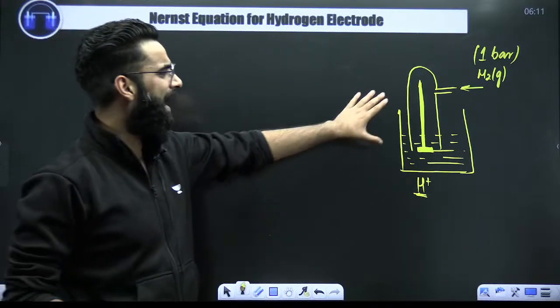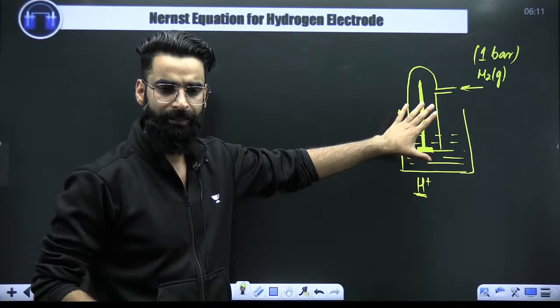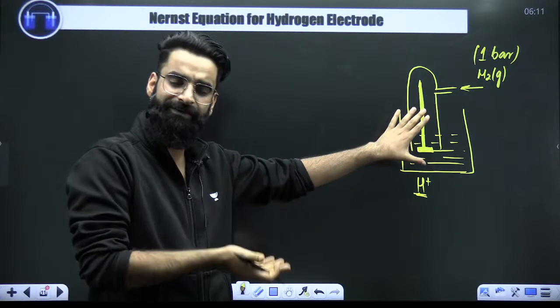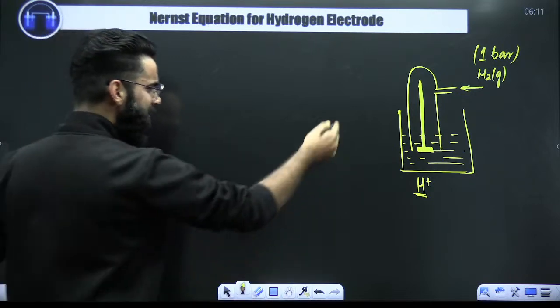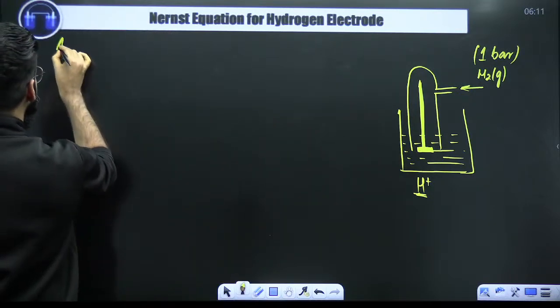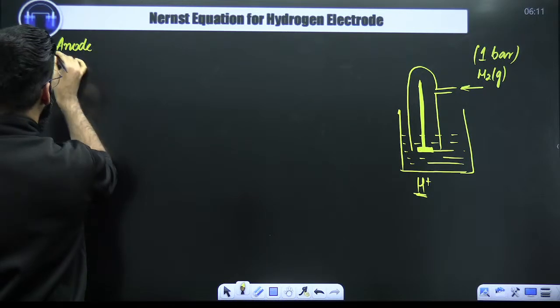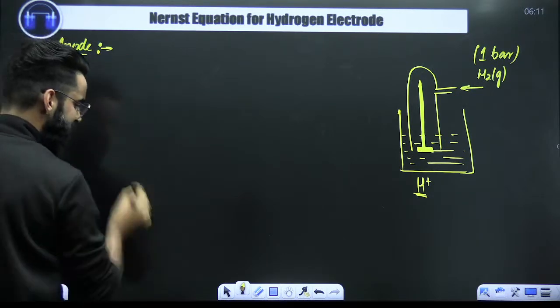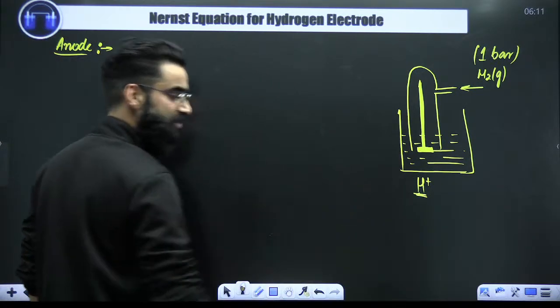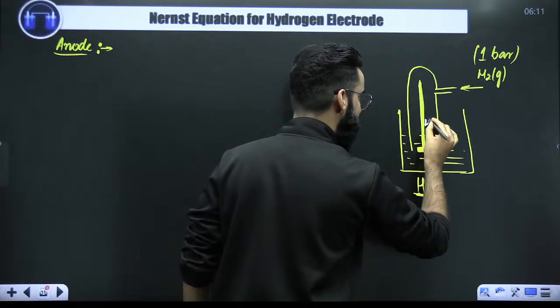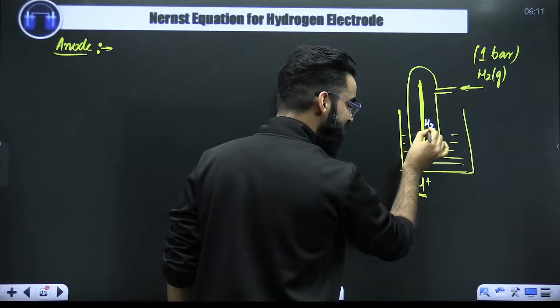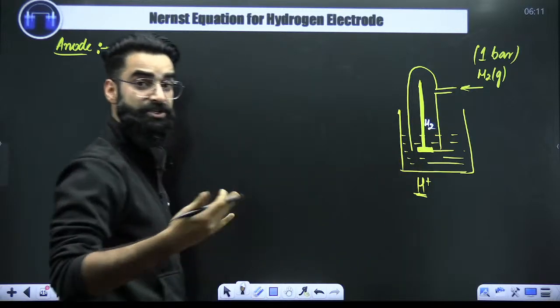Now guys, this hydrogen electrode can behave like an anode or it can behave like a cathode. Imagine that this hydrogen electrode is behaving like the anode. When the hydrogen electrode behaves like the anode, oxidation is going to happen. The surface is covered with H2 gas, so H2 gas on the surface will undergo oxidation.